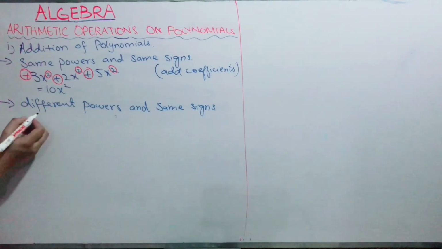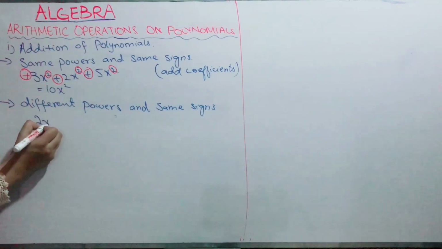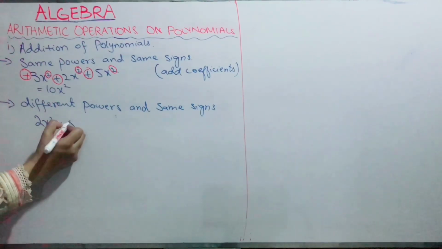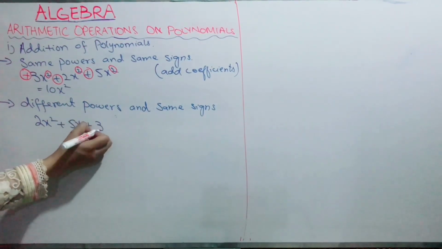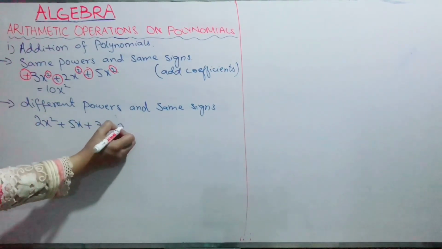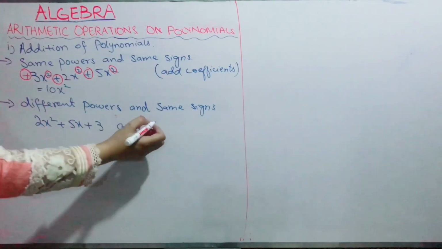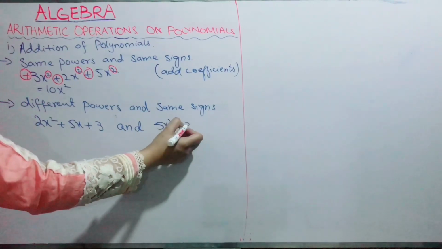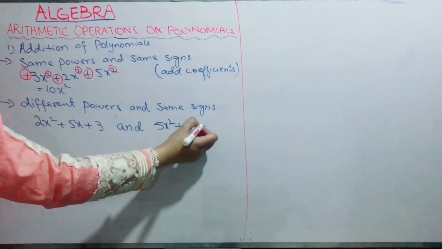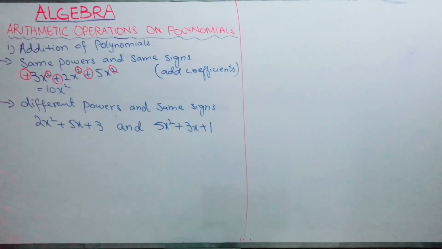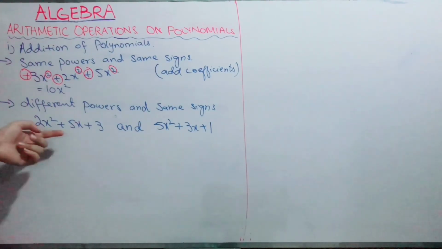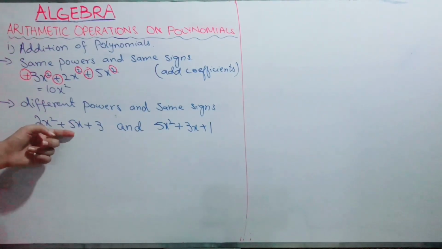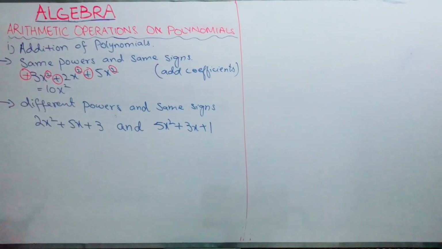It means that you are having, let's suppose, 2x square plus 5x plus 3, and next one is 5x square plus 3x plus 1. Now you are having two expressions. This is your first expression and this is your second expression. You have to add them.